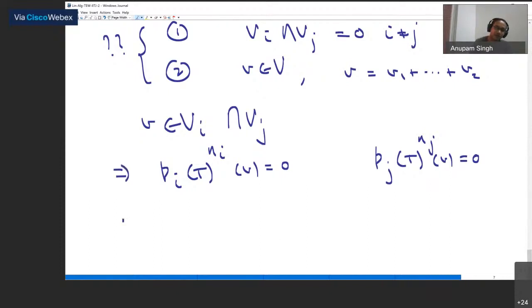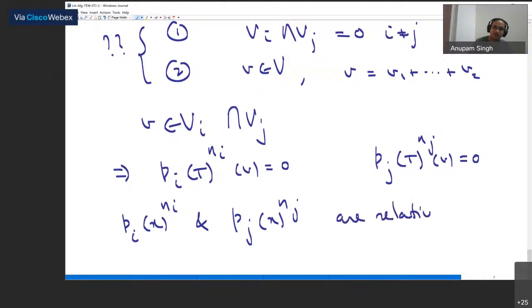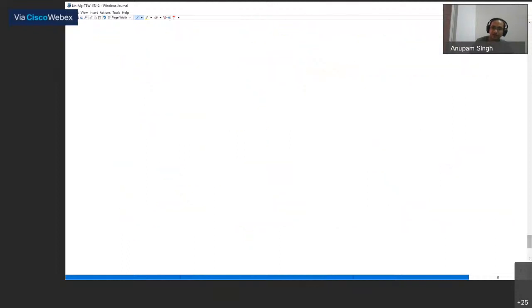Now look at the polynomial Pi(x) to the power Ni and the polynomial Pj(x) to the power Nj. Pi and Pj are different irreducible polynomials, so these are going to be relatively coprime. I am using very basic ring theory of polynomials. So what does this mean?